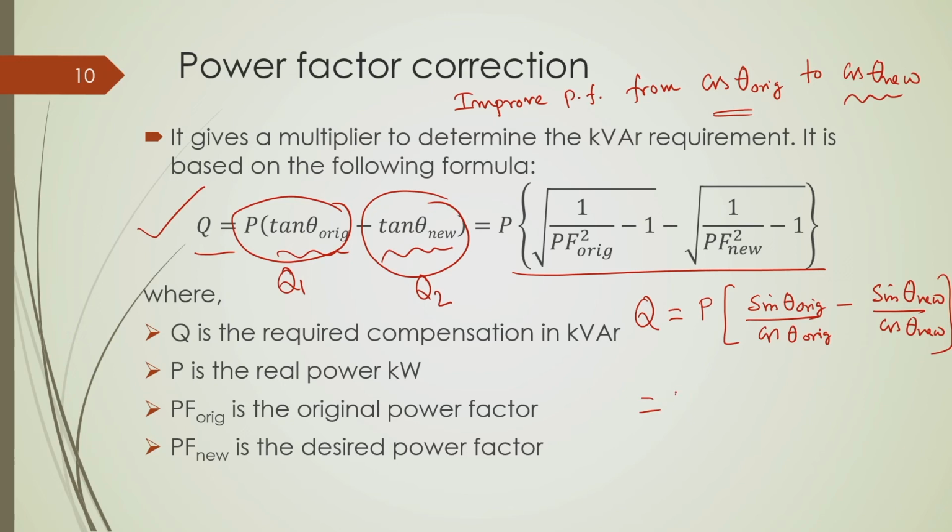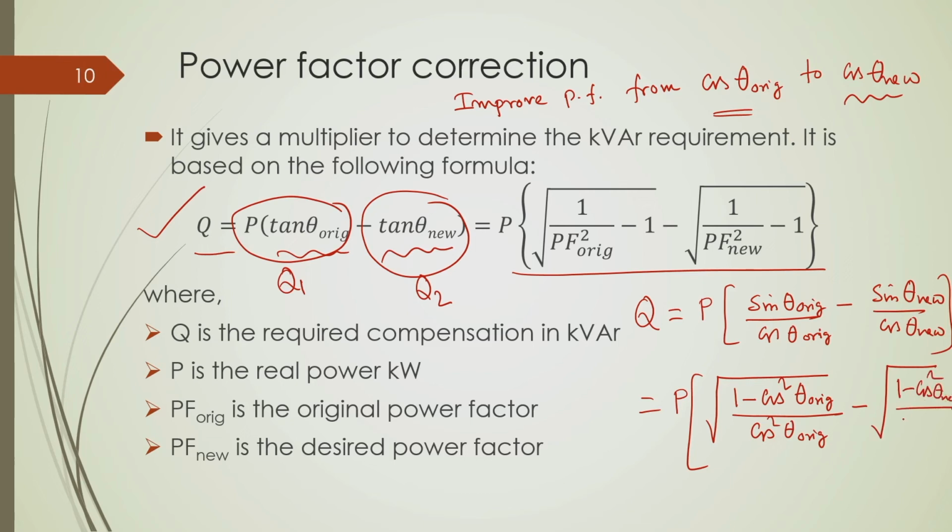How can I do so? I can write sin theta as the square root of 1 minus cos square theta, divided by cos theta. Similarly, here this is 1 minus cos square theta nu divided by cos square theta nu.